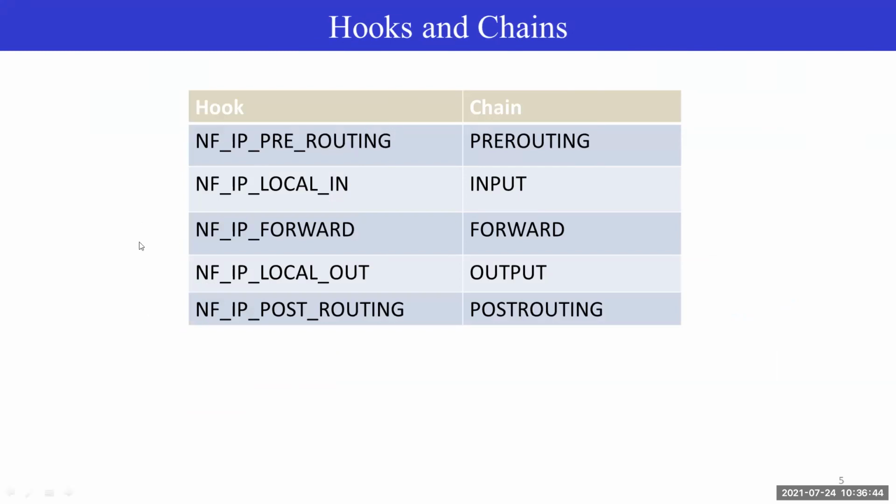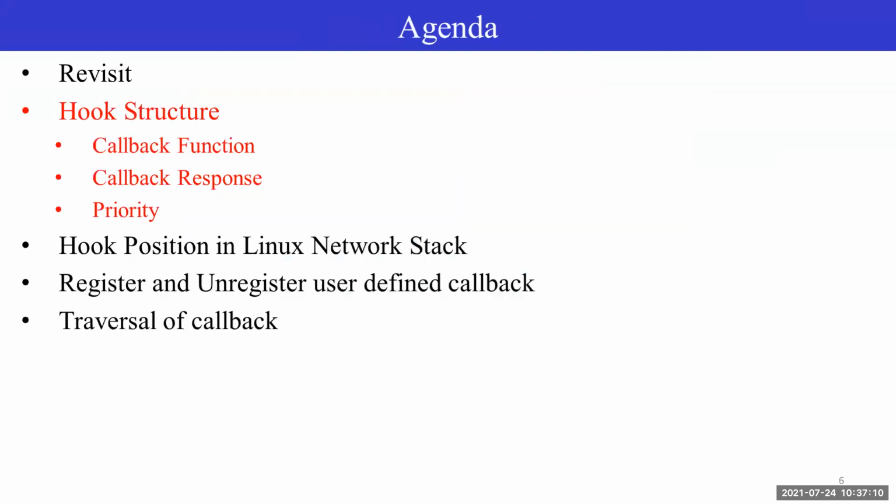Through those rules, the callbacks check whether the packet needs to be dropped or queued to the upper layer, and the corresponding action is taken. This is primarily what we covered in our last session, with details about iptables. Let us now start the next part.